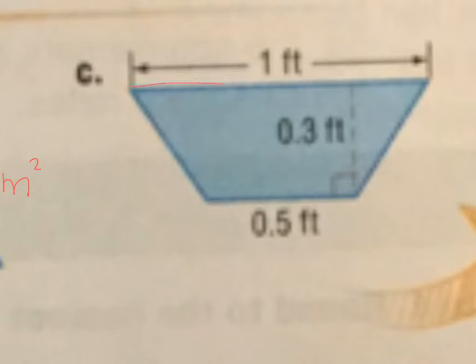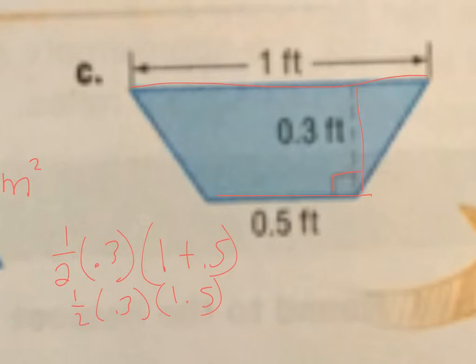All right, I have a parallel line here, I got my height from the two parallel lines. So I have my bases. I have everything I need. 1/2 times my height is 0.3. And then I'm going to add my two bases together. 1 plus 0.5. And that equals 1.5 times my 0.3 times my half.